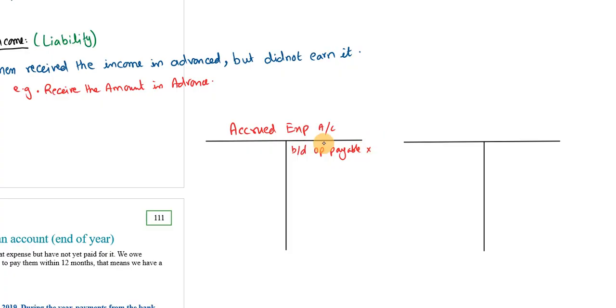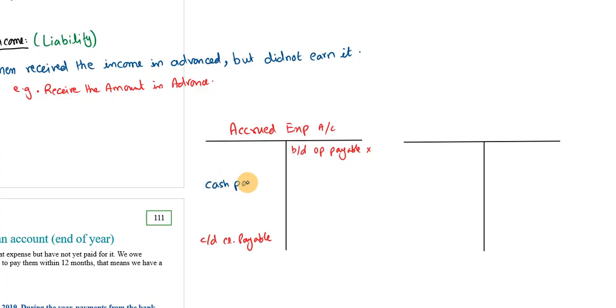It will be written on the credit side, and the closing CD is the closing payable. Now in case of cash paid, the cash paid will be written on the debit side.